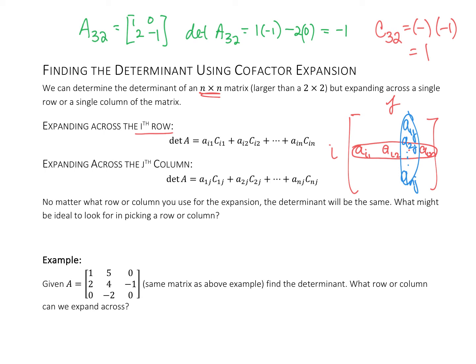So this is nice because at least now we can find the determinant of an n by n matrix. But the problem is that depending on the size of our matrix, this could take us a while. If I have a 3x3 matrix, at least I only have 3 of these products I need to find. So I need to find 3 cofactors and multiply them by the constants.